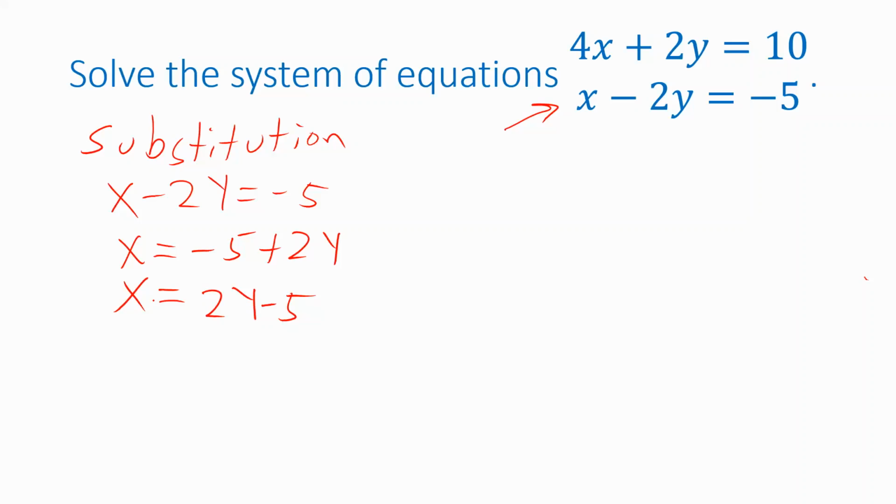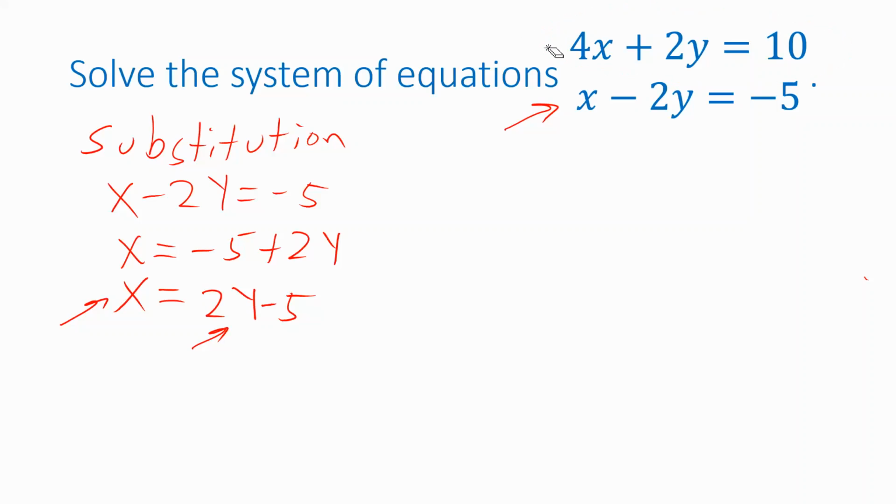So, since those quantities are the same, and I'm looking for the point where these two lines cross, I know that the x value where they cross can be rewritten in terms of the y value where they cross, and so that point must be on the other line, the 4x plus 2y equals 10 line.